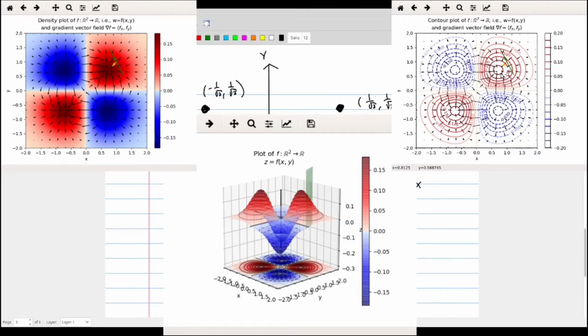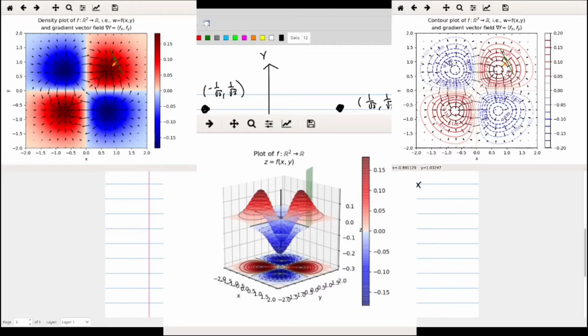And that's our first main idea that we can see right here: in order to classify these critical points, we can do so with the first derivative using the gradient vector. If you look for points where the gradient vector is moving away in every region around the point, that's a local minimum.